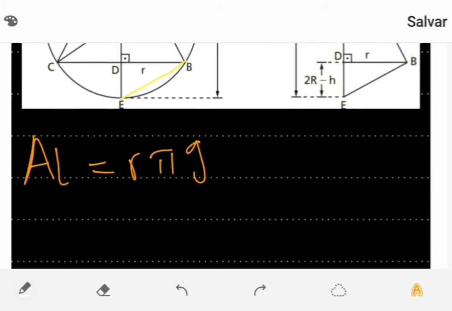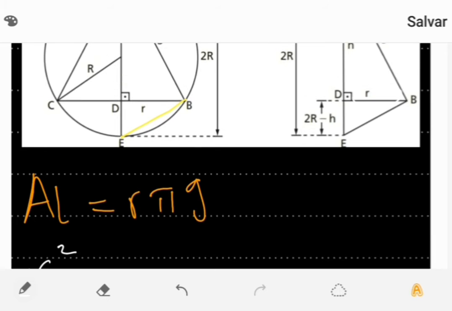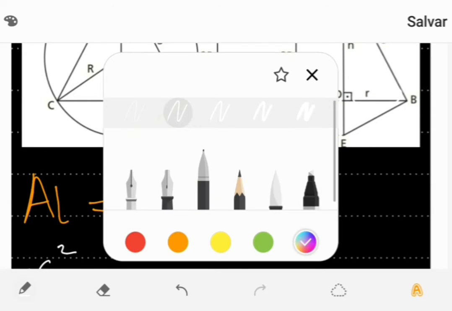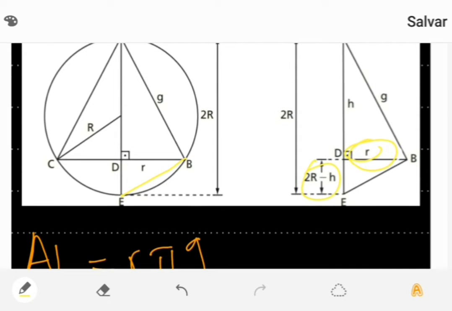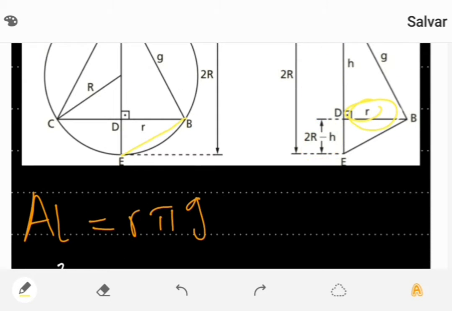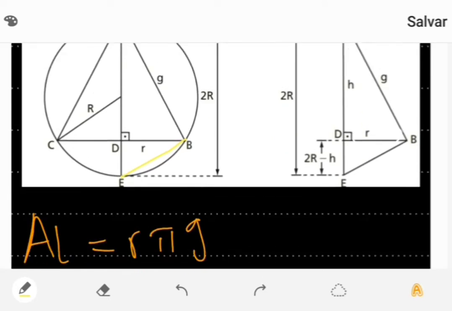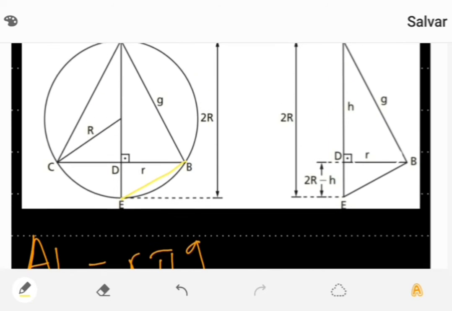So look, the first formula tells you that r squared is equal to this multiplied by this: (2R minus h) multiplied by h.